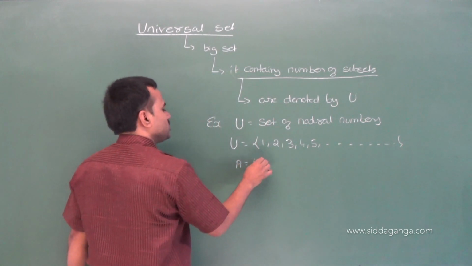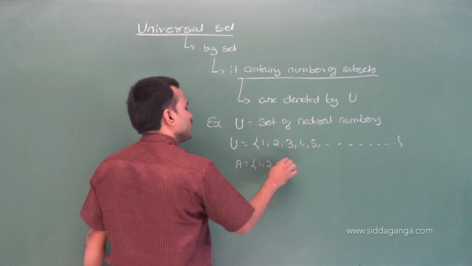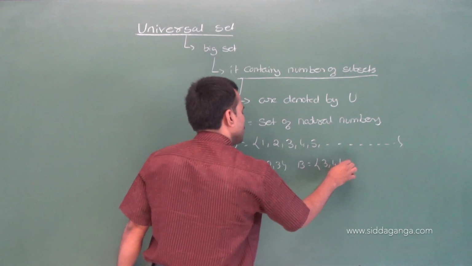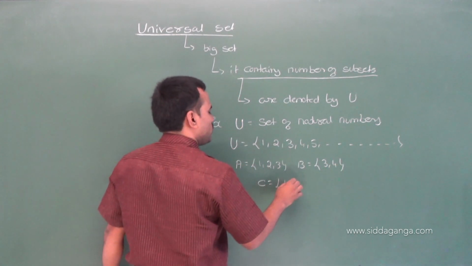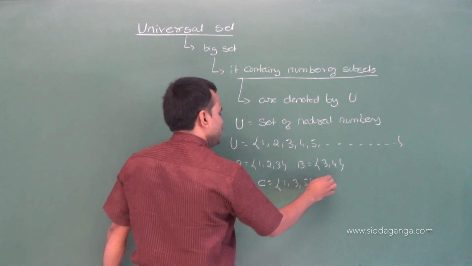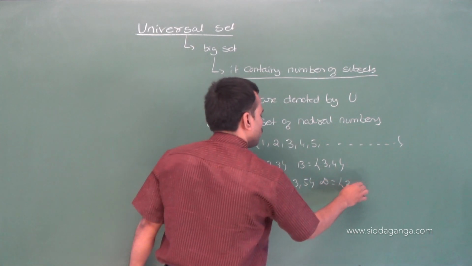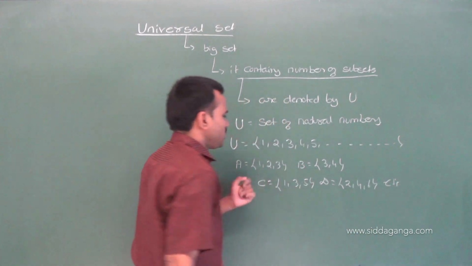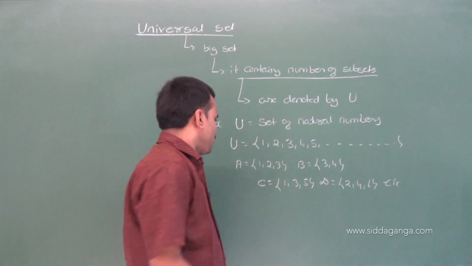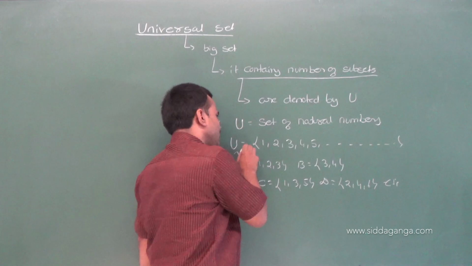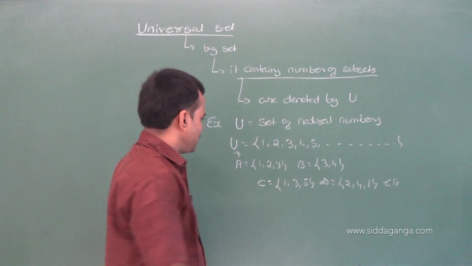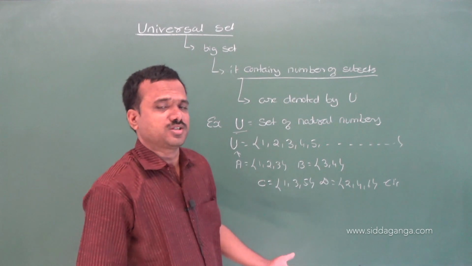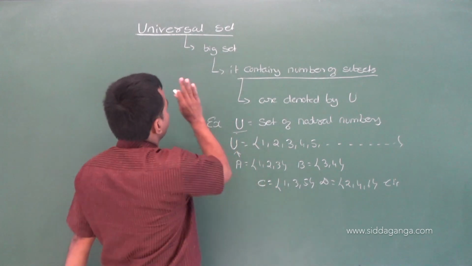A, just I write 1, 2, 3. B, just 3, 4. C, just 1, 3, 5. D, just 2, 4, 6, etc. We write the number of subsets with respect to the natural numbers. That's why we call it the universal set.